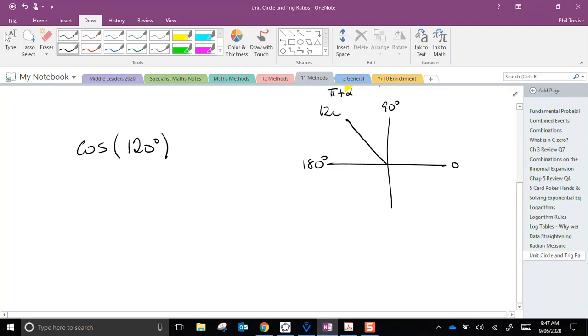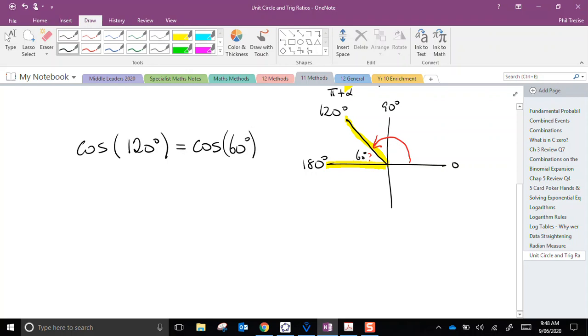That's 120 degrees, measured from the positive x-axis around to there. I'm interested in this small reference angle here. The reference angle is always in relation to the x-axis. I hope you can see, just by simple deduction, 180 minus 120 would be a 60 degree angle sitting in there. So the cosine of 120 will be equal to the cosine of 60 degrees, numerically equal.